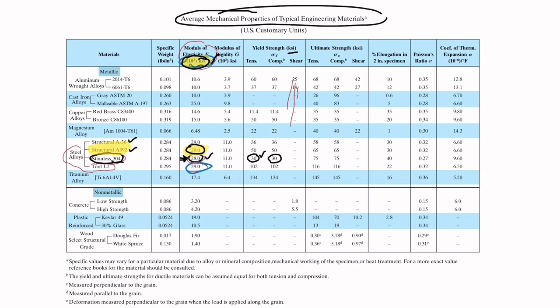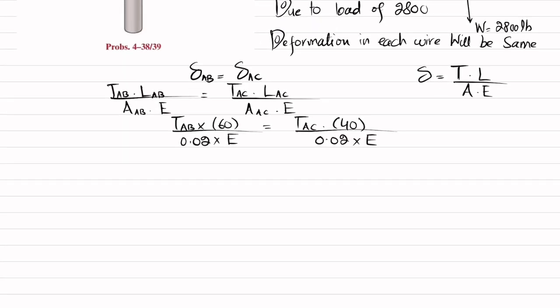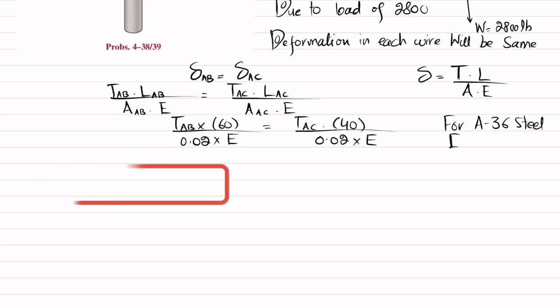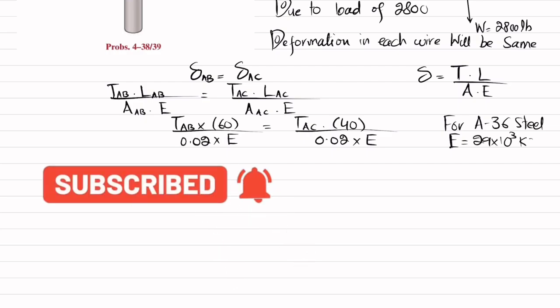You can see this is A36 and the value is 29 times 10 raised to power 3 KSI. So I will note it down: E for A36 steel is 29 times 10 raised to power 3 KSI.